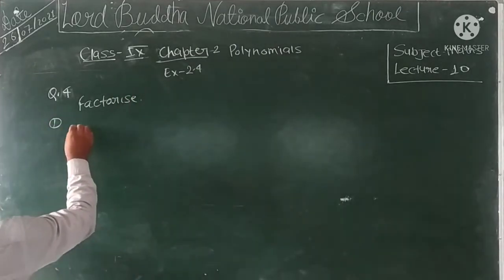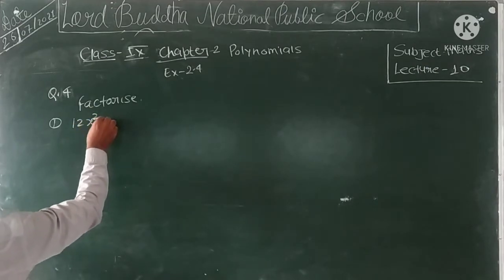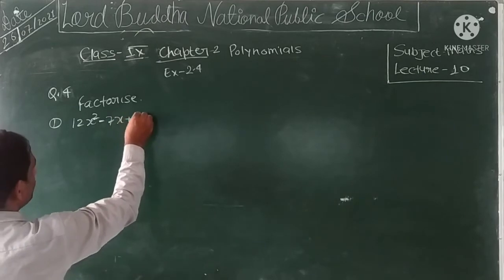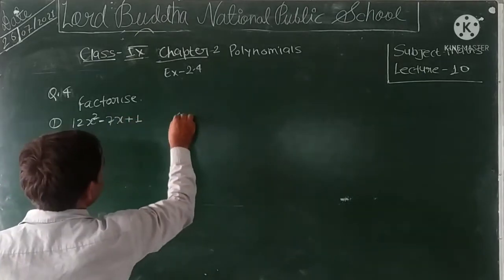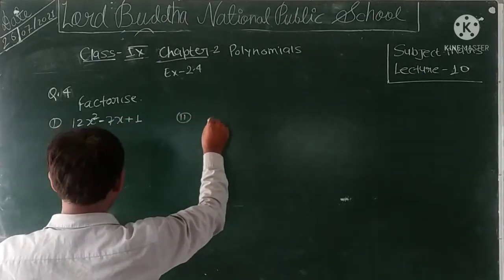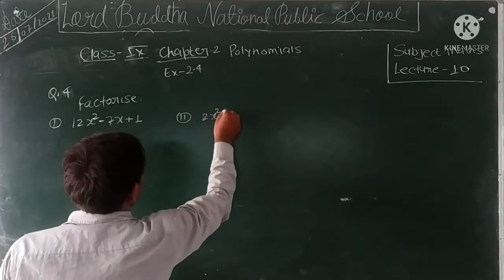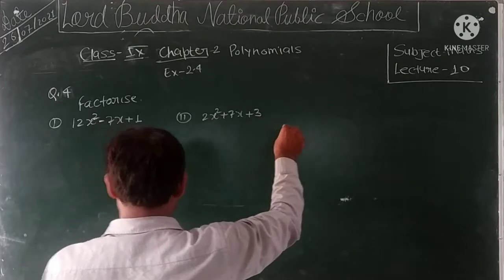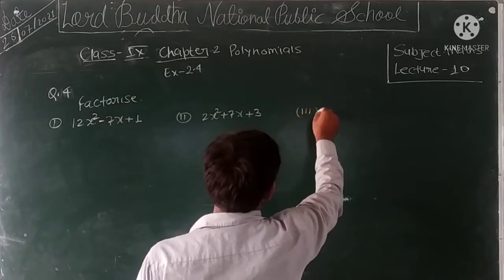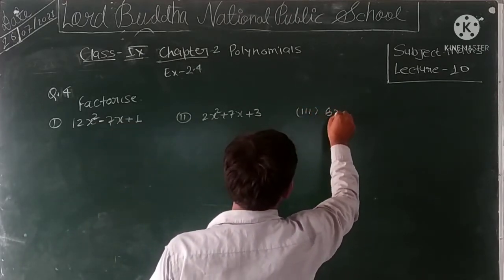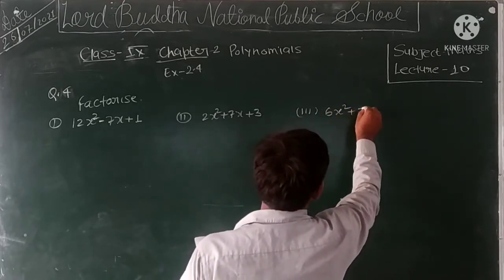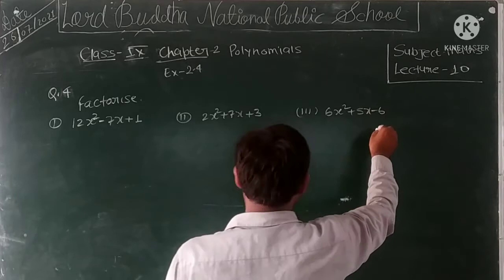The first part is 12x square minus 7x plus 1. The second part is 2x square plus 7x plus 3. And the third part is 6x square plus 5x minus 6.